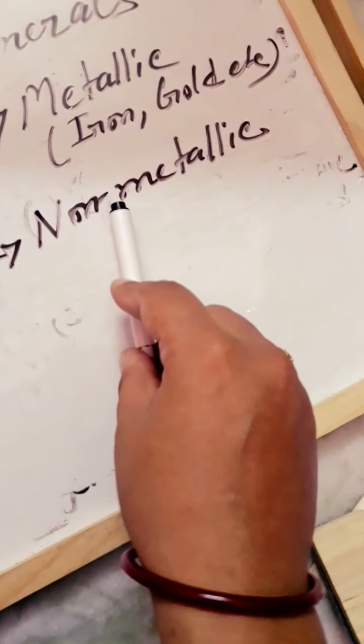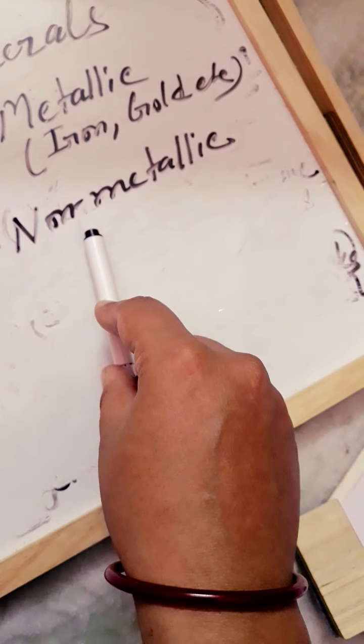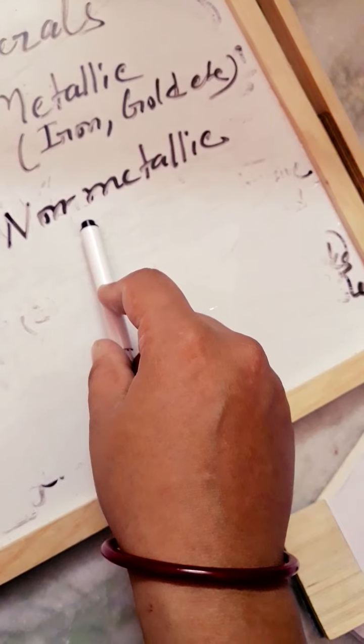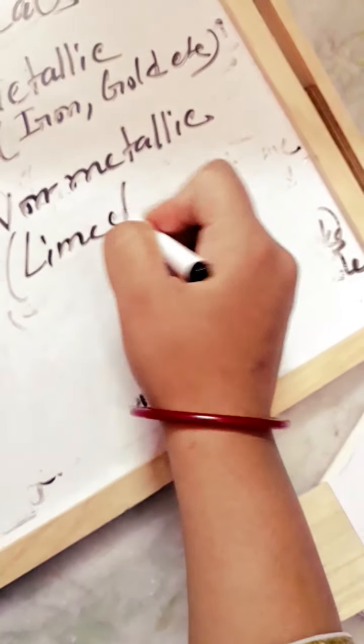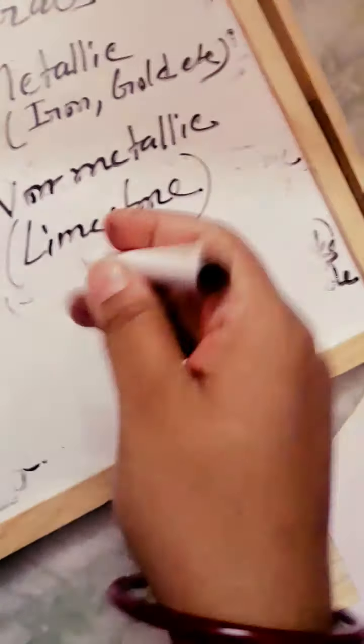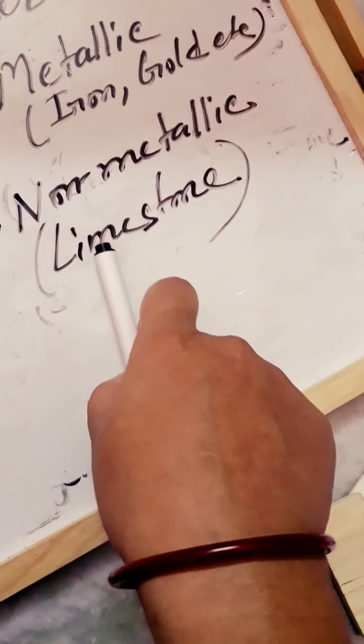So the difference is, metallic minerals have a shiny texture, but non-metallic minerals do not have any shiny appearance. The examples are limestone, mica, gypsum. As an example, we can say limestone, gypsum, etc. So these are the main points about metallic minerals and non-metallic minerals.